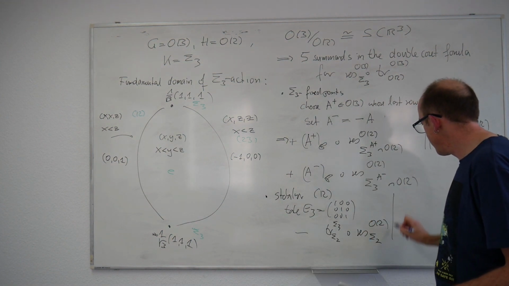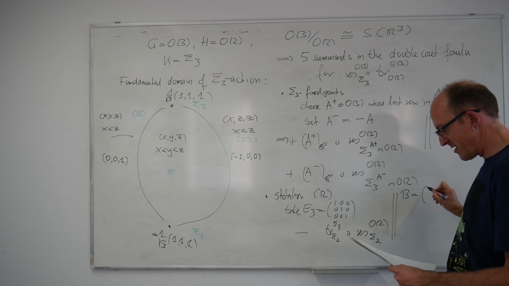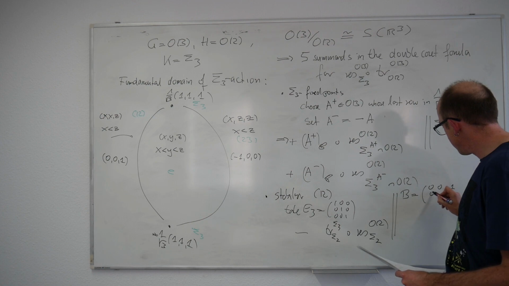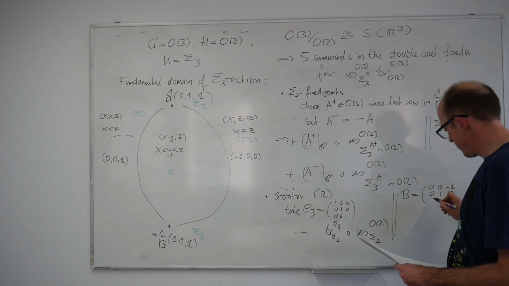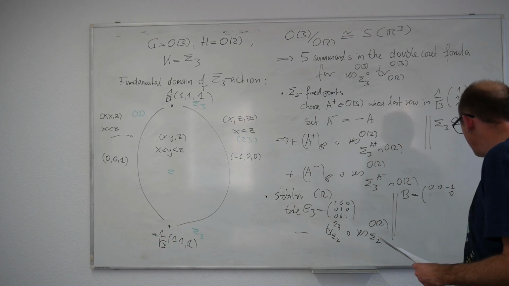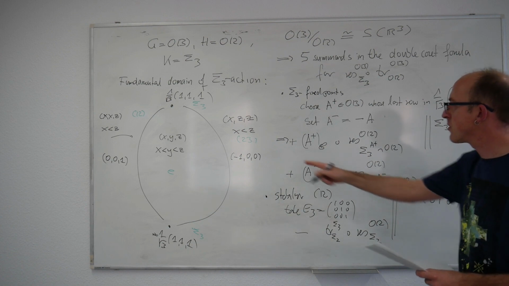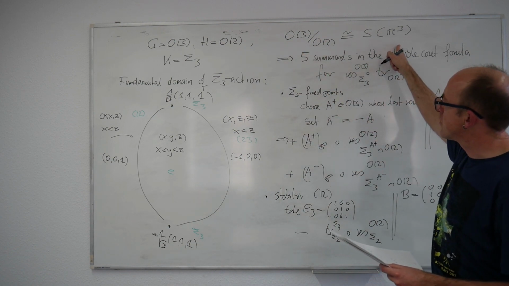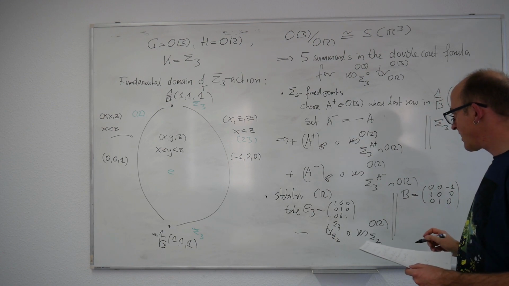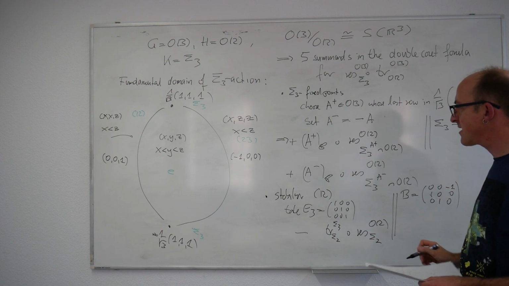So for example, I can take the matrix B, which looks like this, 0, 0, -1, 0, 1, 0. Sorry, I want a different one. I want 1, 0, 0, 1, 0. So the last row, so the image under this homeomorphism lies in this segment. Here's a particular choice.